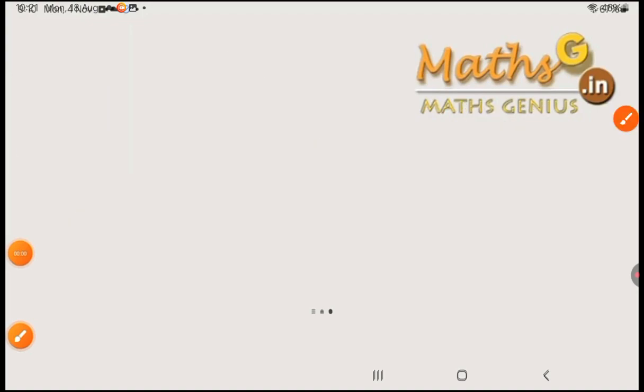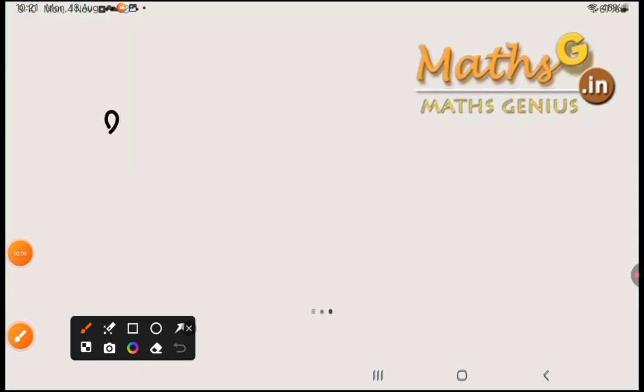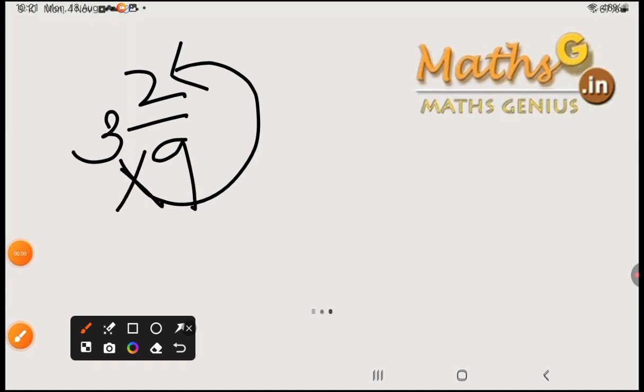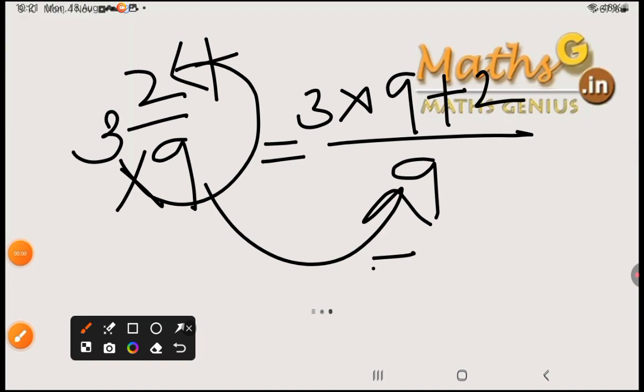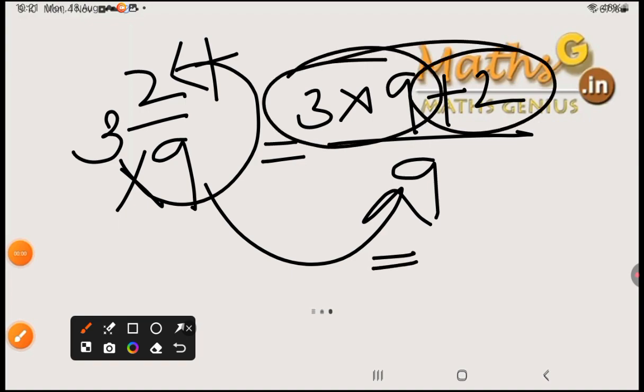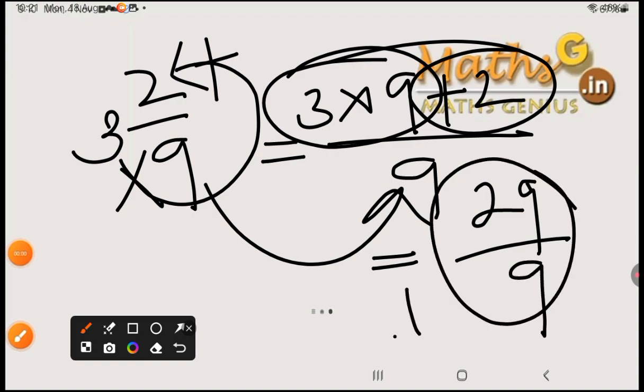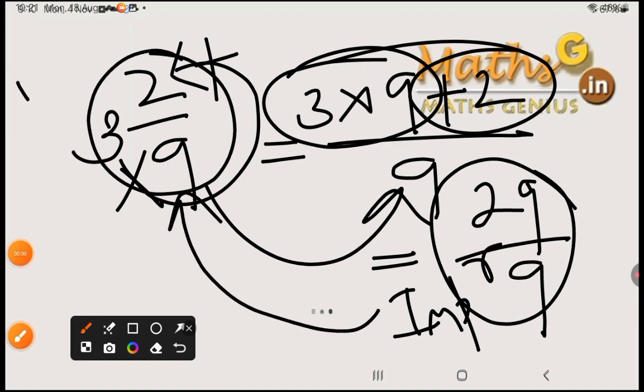So, 3 into 9 plus 2 divided by the denominator, which stays as it is. That is 3 9s are 27 plus 2, as I just told you. So, 29 by 9 is the improper fraction, which can be converted into the mixed fraction or vice versa.